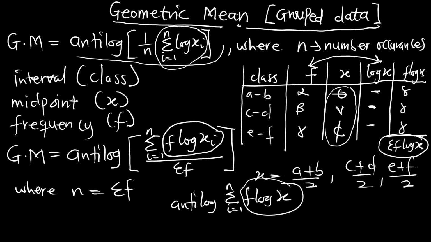This sign is just the summation, and the antilog is going to affect everything here. Everything is going to be over the summation of f, which is the summation of the frequency. So very simple. You just have to pay attention to the formula and get it right.